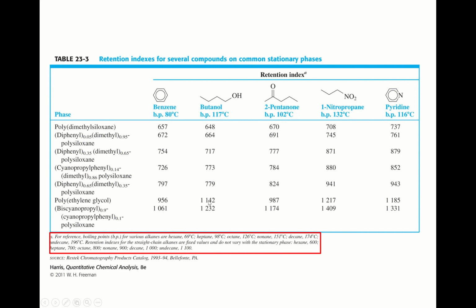But by changing to a strongly polar stationary phase, butanol appears much later than benzene. So this retention index tells you, rather precisely, when these compounds will come out depending on the stationary phase. Very useful.